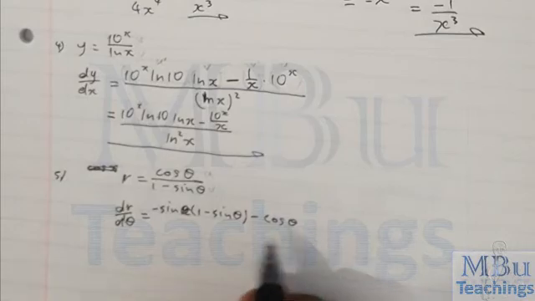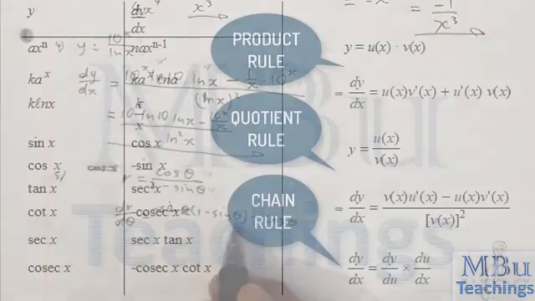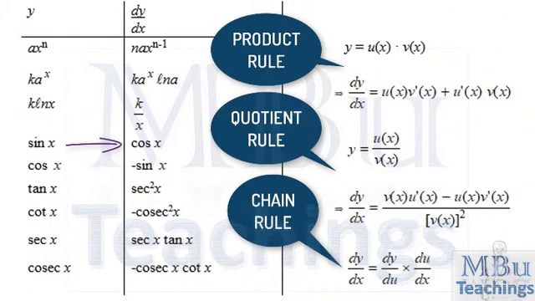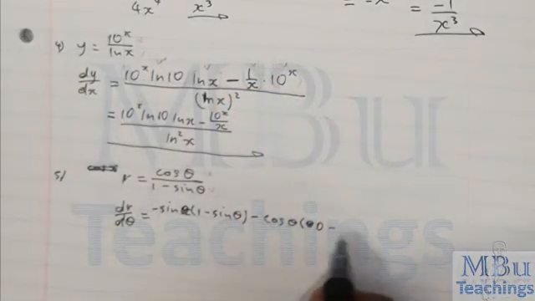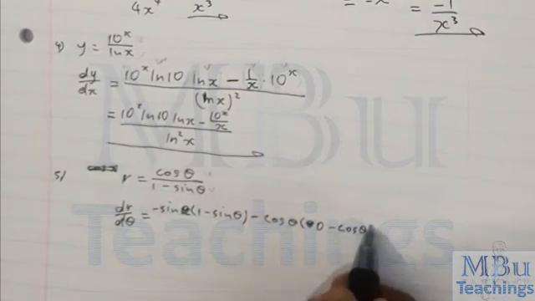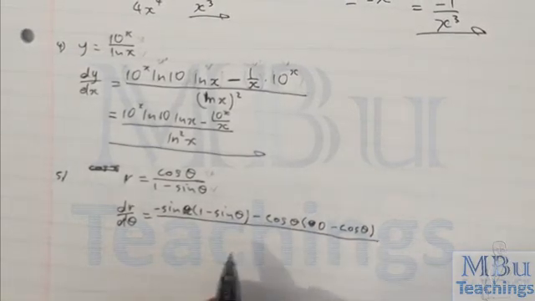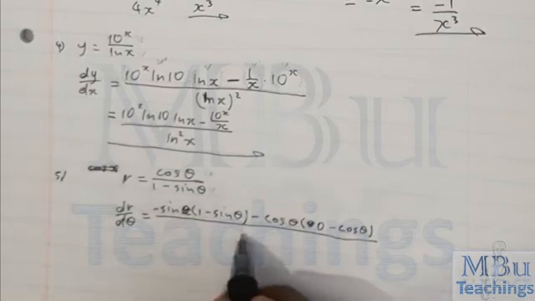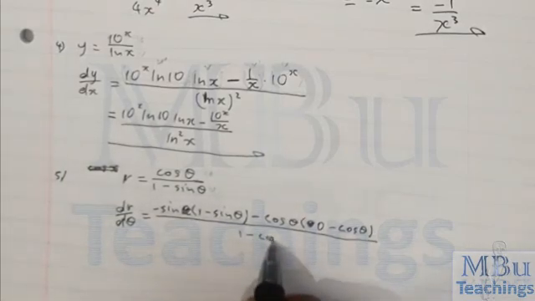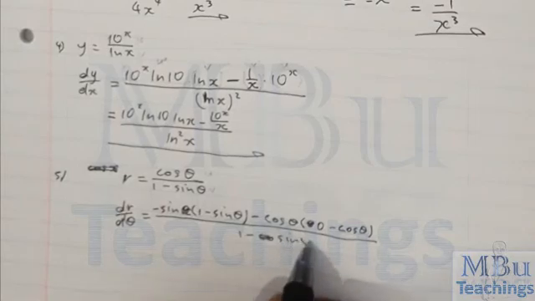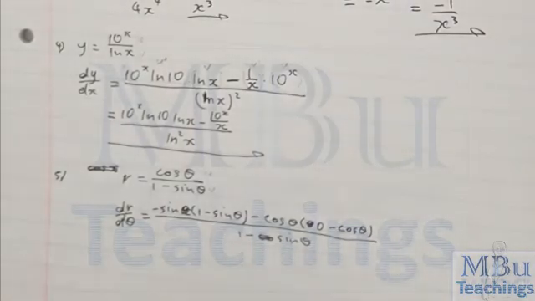cos theta, then let's derive this one. When we derive this, I'll get 0. Then if I derive this, I'll get negative. There's no sign change, so it will stay as negative. Then I divide everything by this one, 1 minus sine theta, all squared. I can leave it here, or I can go one step further.